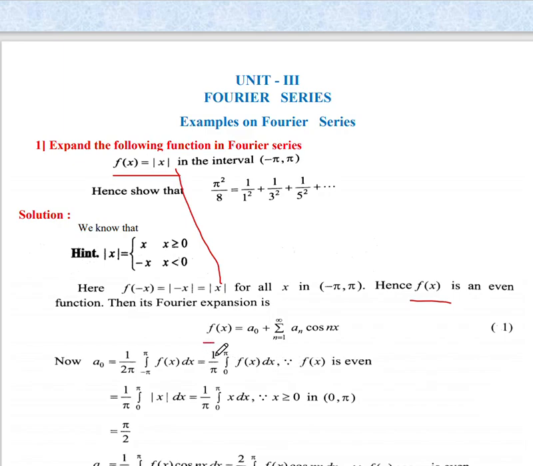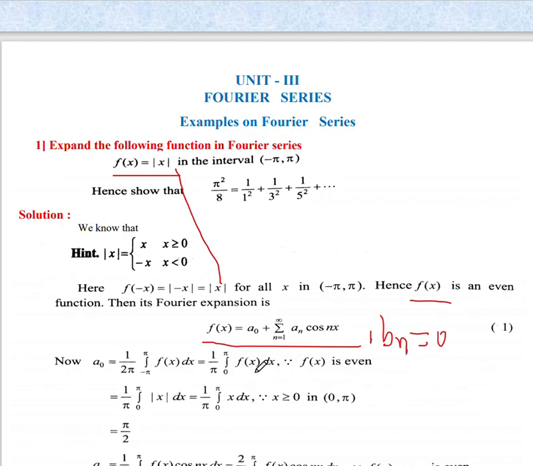So this is the Fourier series if the given function f of x is an even function, and here bn will become 0. Now here we will find a0, then an. Here bn is 0.